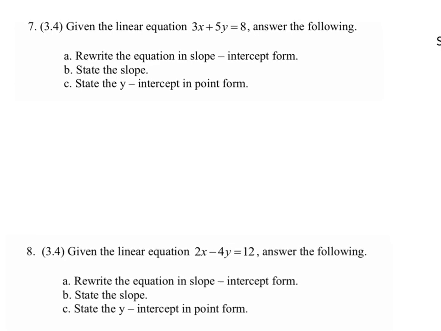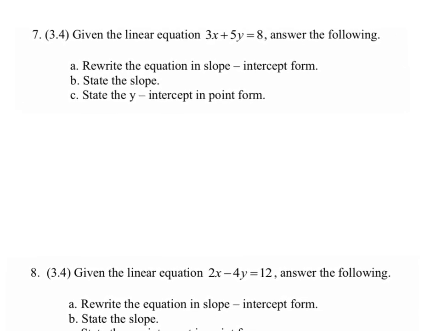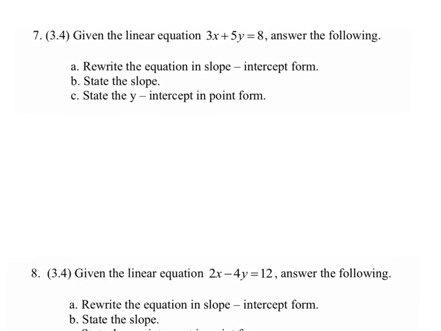So for problem 7, we have, given the linear equation 3x plus 5y equals 8, we want to start by writing the equation in slope-intercept form. That means solve for y. We're going to start by subtracting 3x from both sides.